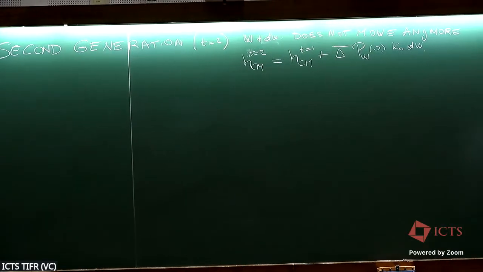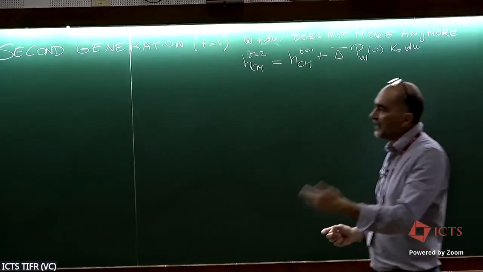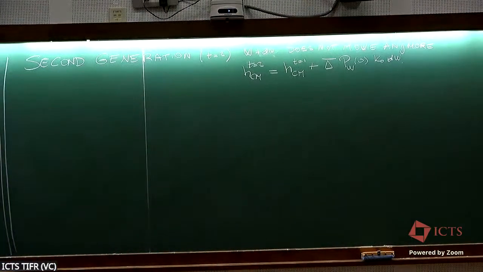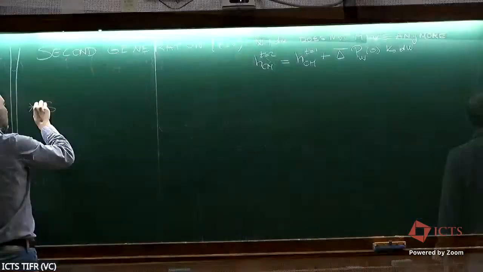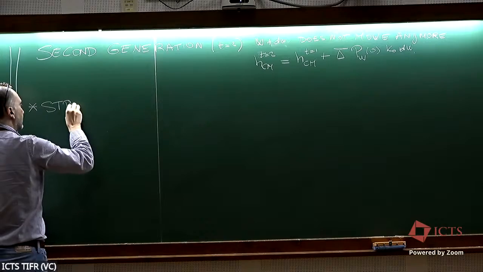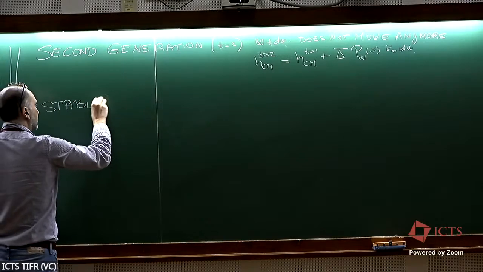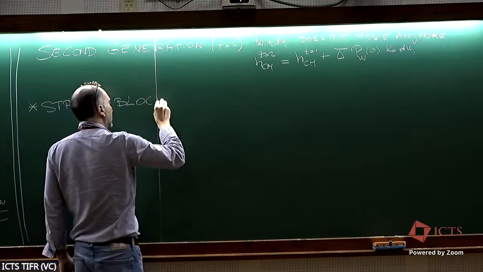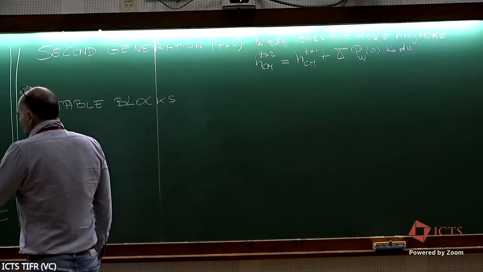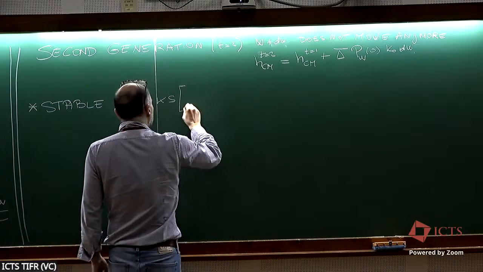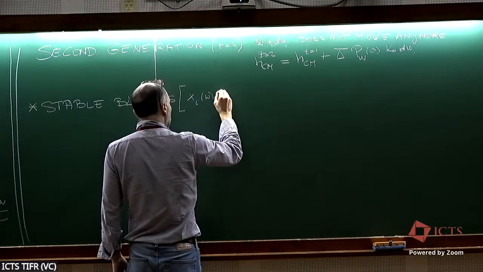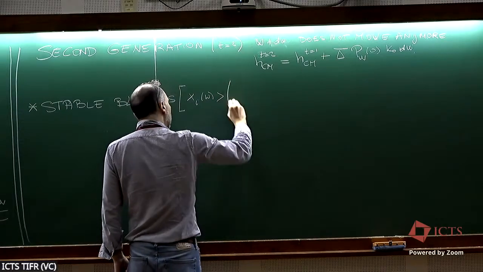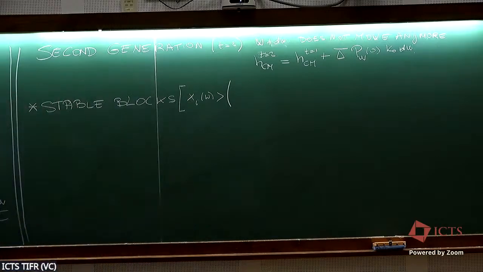So it's the fraction of unstable sites times the average displacement of the unstable sites. Is it clear? So this is what is going on. And then we have to redo what we did here. So what happens? There are two possibilities. Either the blocks are stable, so what is the condition? Now the condition is that a block xi of W is stable if it's bigger not just than K0 delta W, but than the sum of the two.